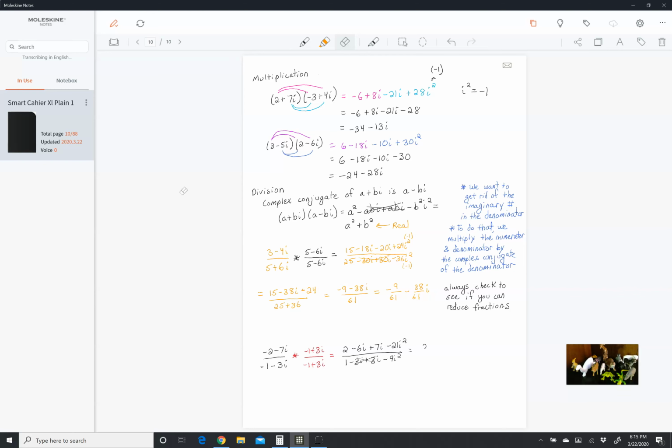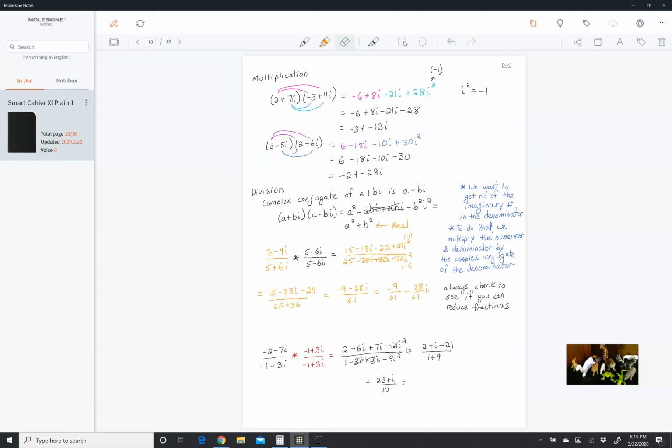Then we have 2 plus, that's negative 6i plus 7i. And then this becomes a plus 21. That's because i squared is negative 1, over 1 plus 9. This gives us 23 plus i over 10.